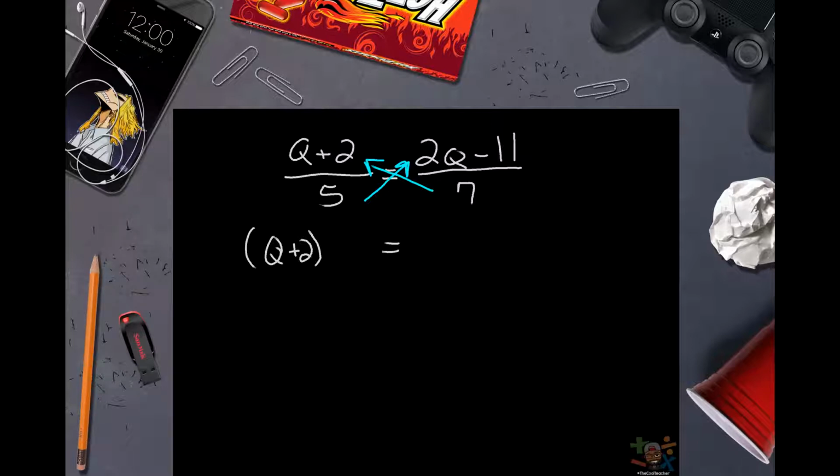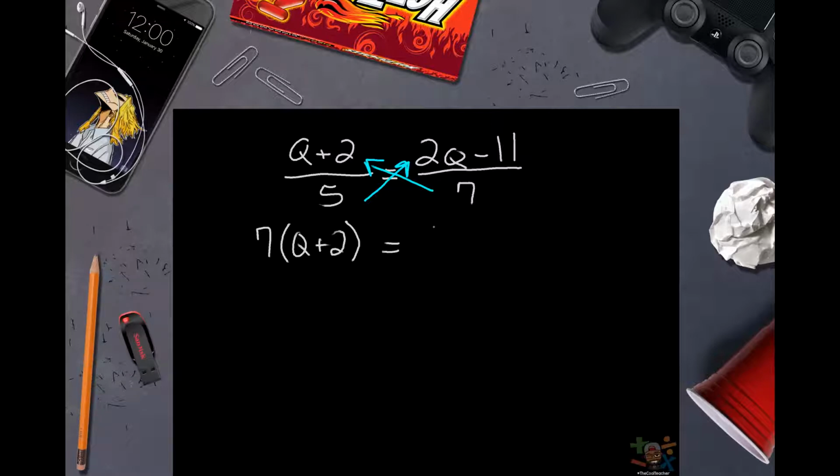I'm going to change up the format and I'll let you know why in a minute. I don't want it like this. I'm going to do 7 times Q plus 2. It doesn't matter how we do it, but I just prefer it this way because it's easier to me. And you should always do math that's easier to you.